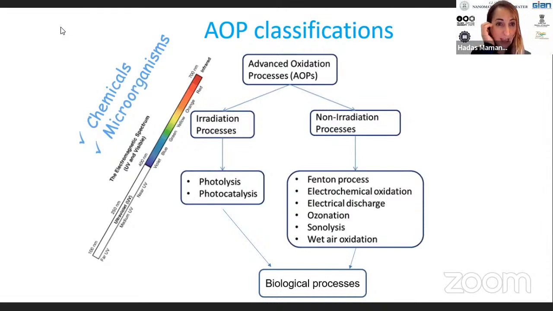Any type of treatment that has post-biotreatment following the AOP has a huge advantage because the AOP, as I said, increases the biodegradability of all the residual and recalcitrant organic matter in the effluent.